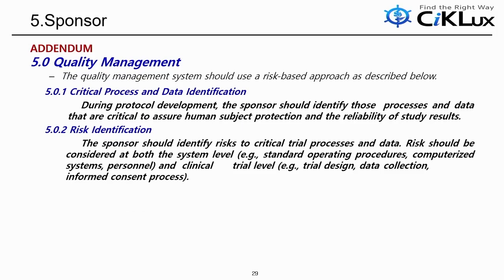Then what would be the process of quality management recommended by the ICH? Here you can see that as the first step, the critical process and data need to be identified. In the clinical trial, the risk factors, the most important data and the most important steps need to be identified first. Of course, everything is important, but still, we need to identify the critical ones when we develop the clinical trial protocol.